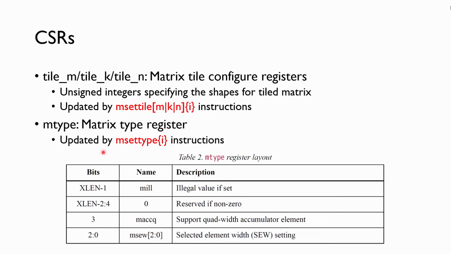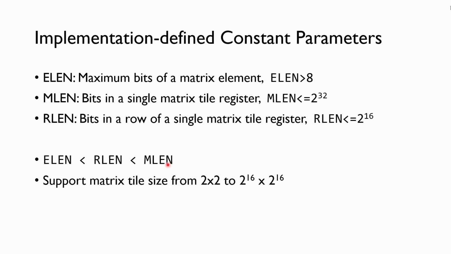The M-type CSR has three fields: the MIL, the matrix illegal bit; MACCQ, which indicates the accumulated types, whether it supports up to quad width or double width only; and the third field is MSEW, the selected element width. The M-type CSR is also read-only and can only be updated by MSAT type instructions.